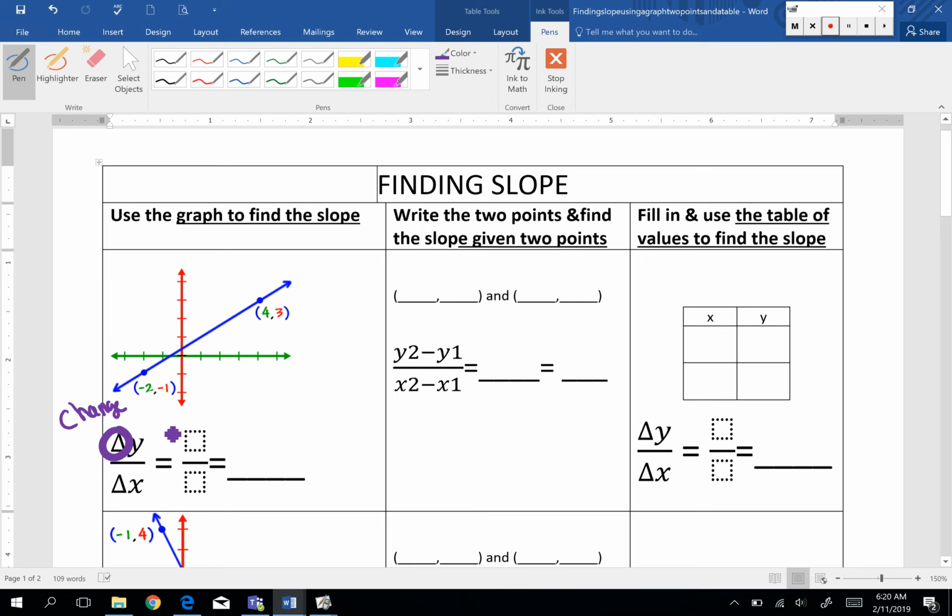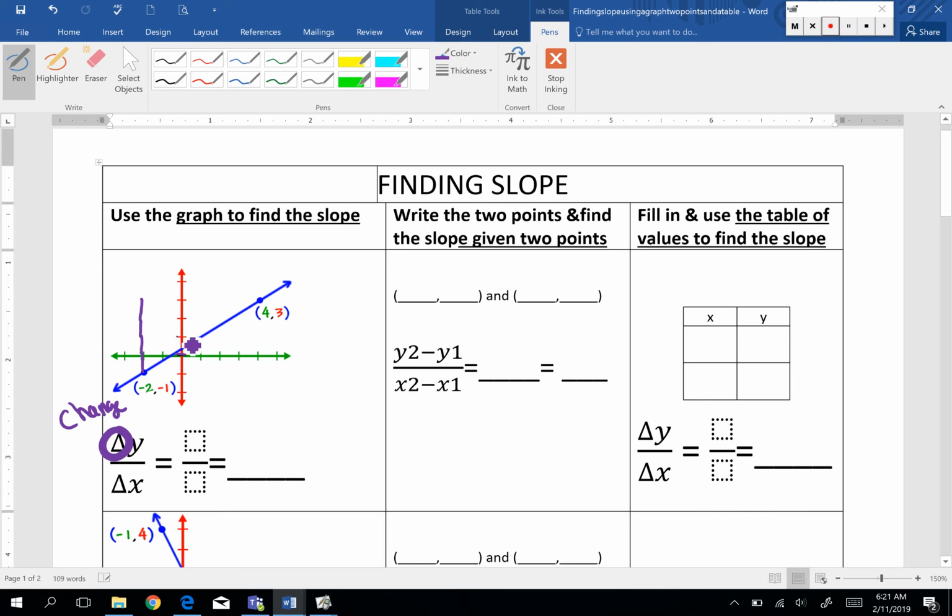The y piece is the up and the down. So we start where the y is -1, and we need to go up 1, 2, 3, 4 boxes to line up. I know the boxes aren't there, so it's not perfect, but I count the little hash marks.